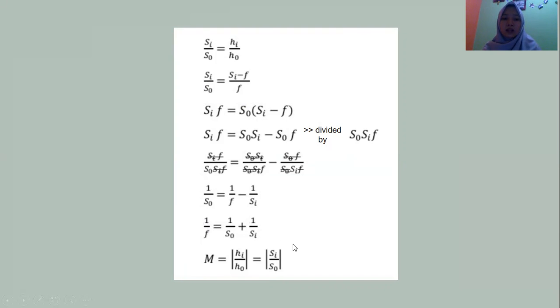Then we can get the final formula. M means magnification. M equals HI over HO, or equals SI divided by SO. So here, magnification always has a positive value.